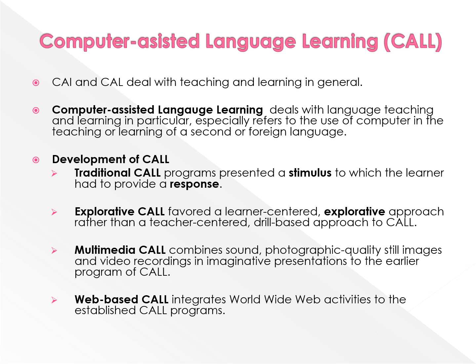From the name, we know the difference between CALL and CAI and CAL. In CAI and CAL, the use of computer deals with teaching and learning in general. But in computer-assisted language learning, the use of computer is aimed at language teaching and learning in particular, especially the teaching or learning of a second or foreign language.